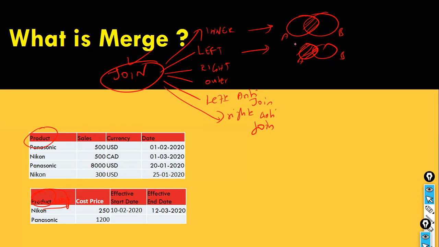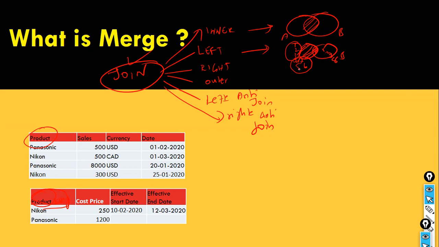I just write it here: 1, 2, 3, 4, 5, 6. In this one, you have 1, 2, 3, and let's say 8. So what are the common values between these two data sets? 1, 2, 3. That's the intersection. And in addition to that, the remaining leftover values on the left side table, not this one.